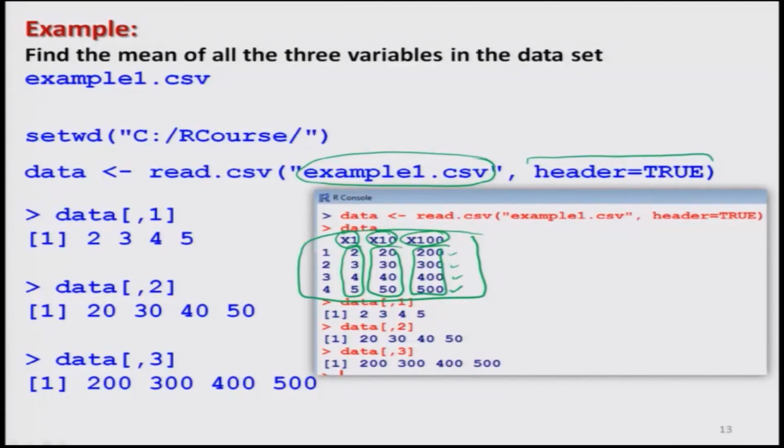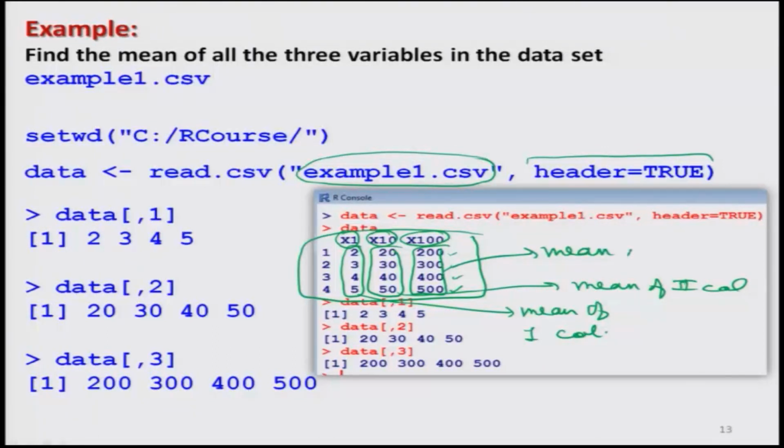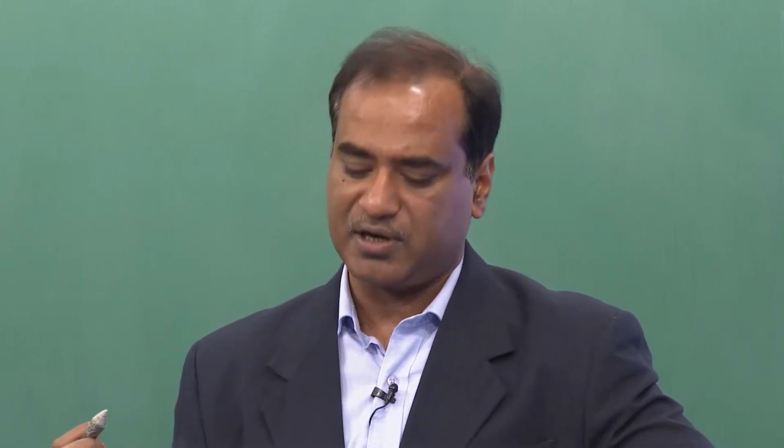What I want to do is the following. I simply want to find out the means of the data set in the first, second and third column. So, what is my objective? I want to find out the mean of the first column, the mean of the second column and the mean of the third column. Well, I can do it separately also, but I would like to write a program in which I store all 3 means inside the file directly.